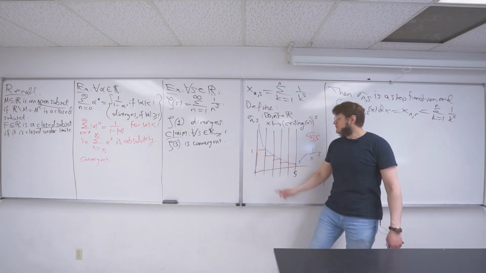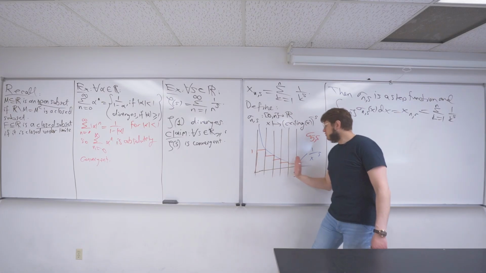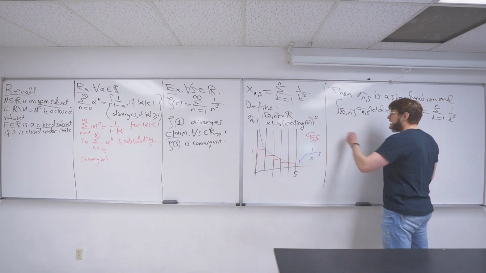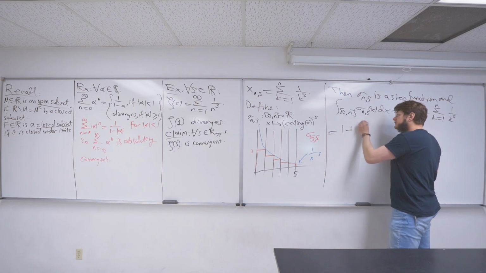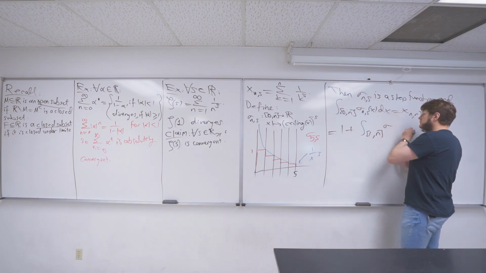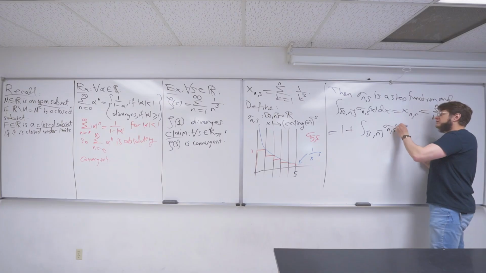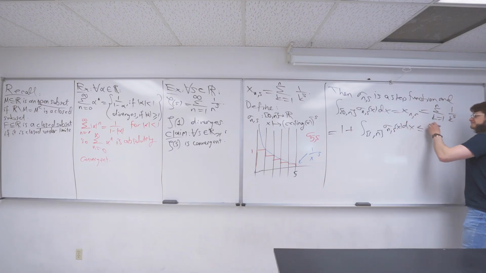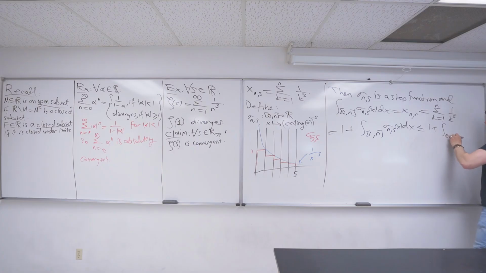But what I can do is, instead of trying to control this whole thing, I can just look at this integral. So I can just split this as 1 plus the integral from 1 to n. I am allowed to do this. And this I can upper bound by the integral of this.